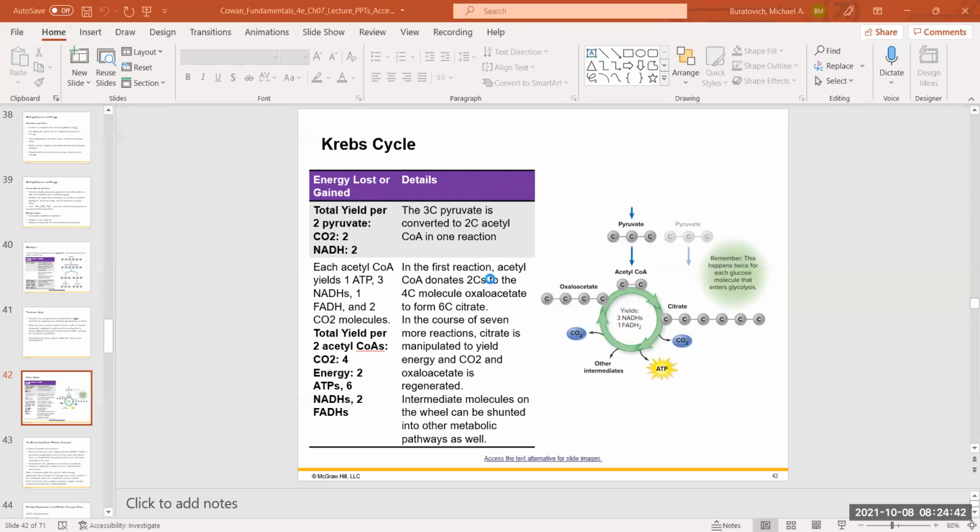Q10 is now going to give its electrons and protons to something called complex 3.